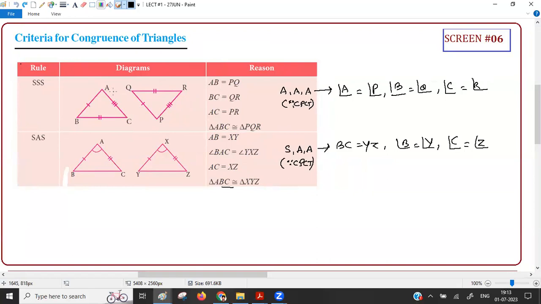Then you don't need to worry whether the angles are equal or not. By the divine rule, if the 3 sides are equal, then the angles will be automatically equal. That comes under the criterion called SSS.